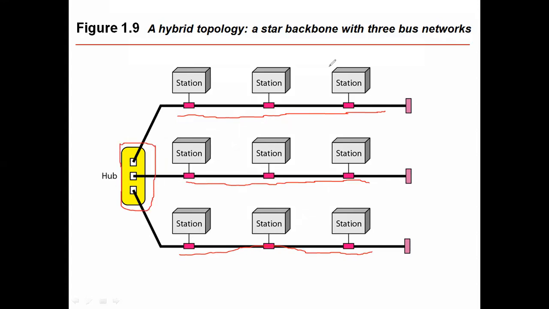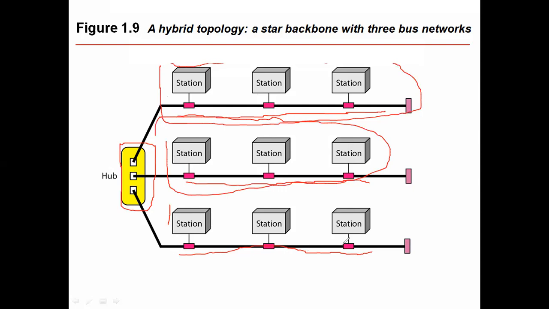So here we use the combination of bus topology as well as star topology. This may be available in a separate room, and this may be in a separate room, and this may be in a separate room. All these three different rooms are being connected with the help of the hub, so that we can have a hybrid topology.